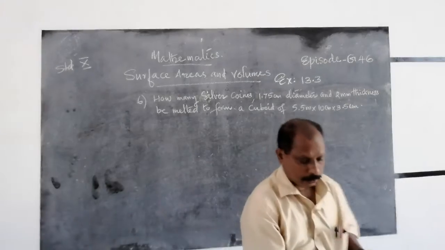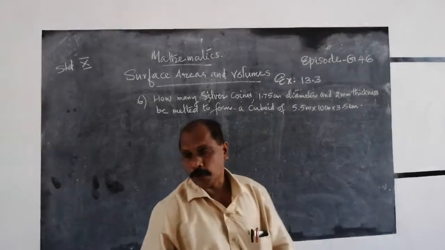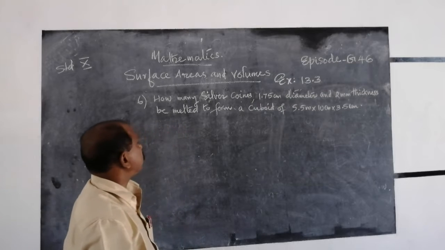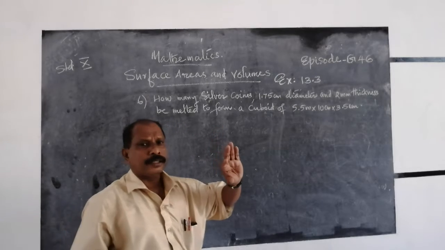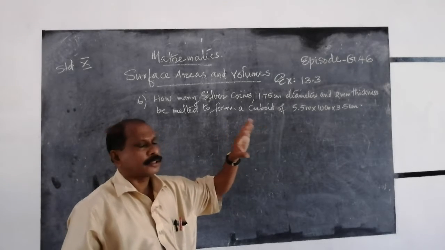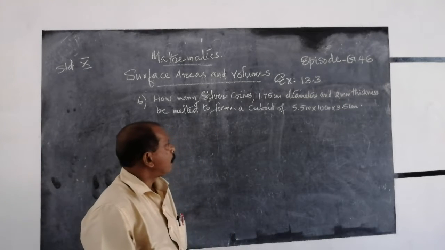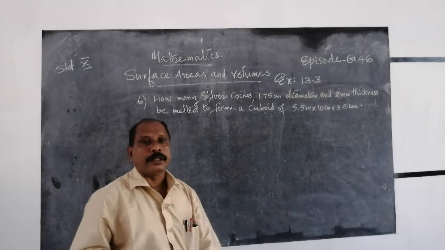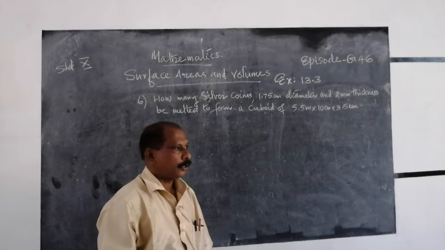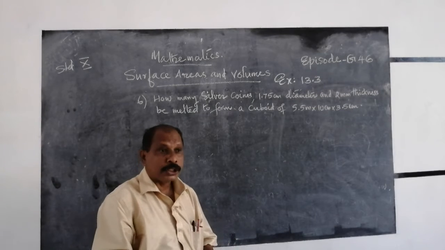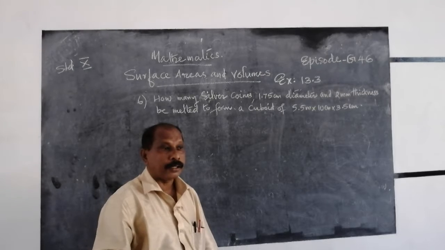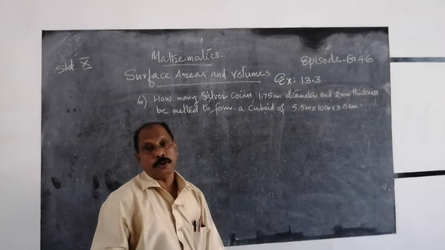This also involves converted volume. That means silver coin is in the shape of diameter or thickness, so it is a cylindrical shape. And the cuboid means it has length, width and height. How many coins do we use to make a cuboid?